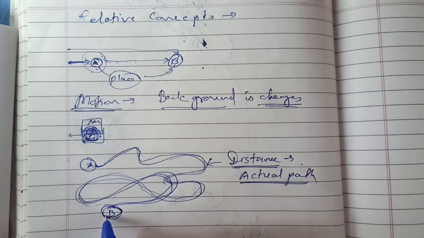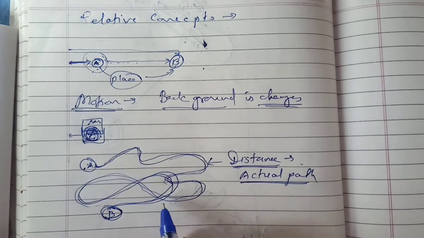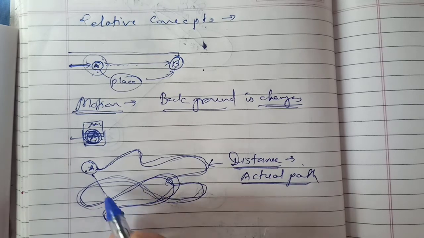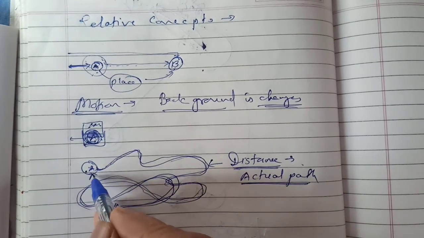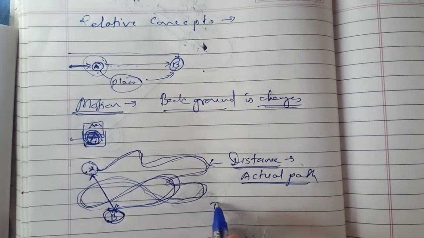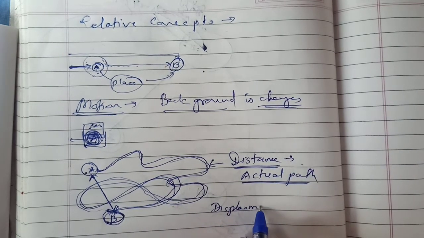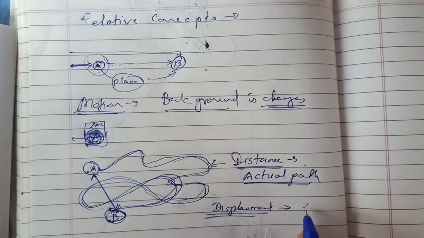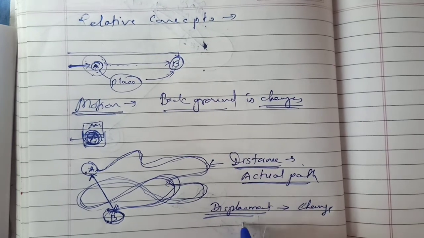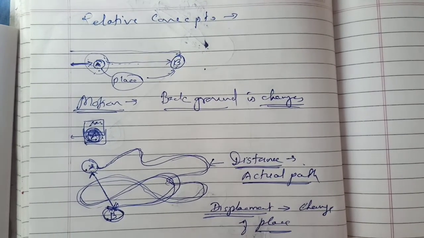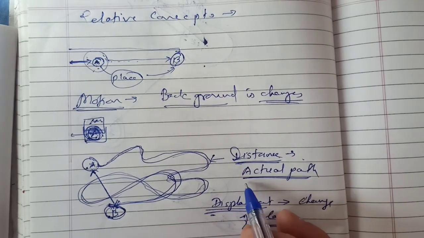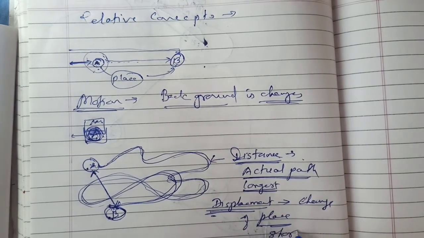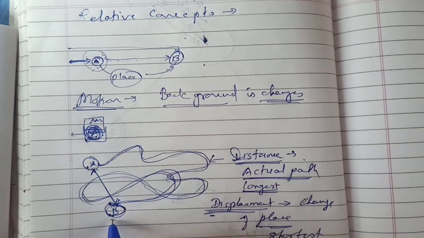But the object changed its place. That change of place, if we show it in a straight line, is called displacement. It is always in a straight line, the change of place only. So distance is the longest, and displacement is the shortest distance between the two points.